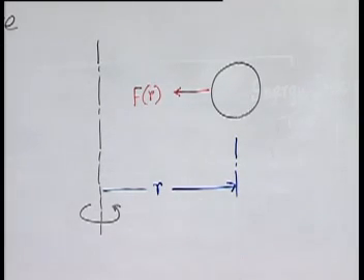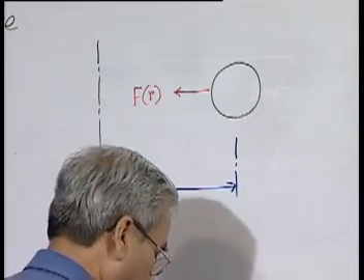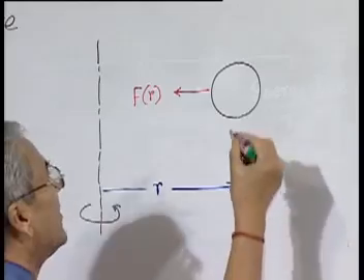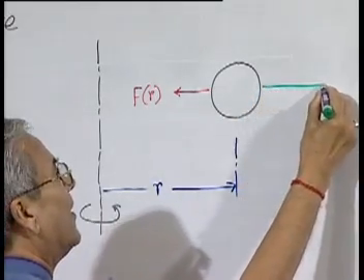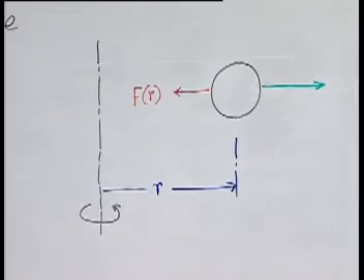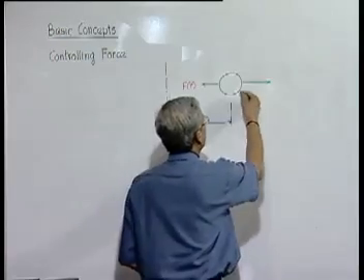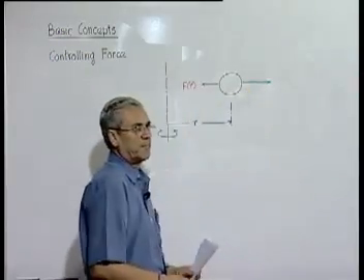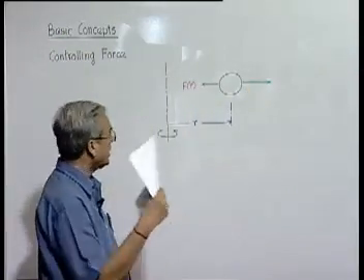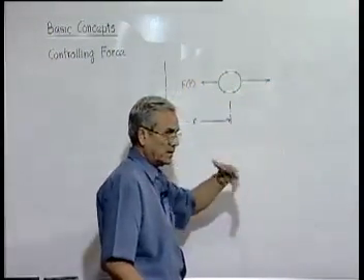And to find it out, to keep it at this position, we apply a force in the outward direction. What is this force? If you use D'Alembert's principle, you will find that this is nothing but the centrifugal force. So, in a rotating condition, this force can be there because of D'Alembert's principle.